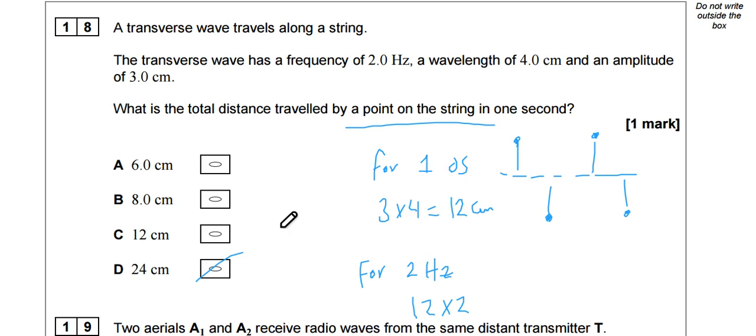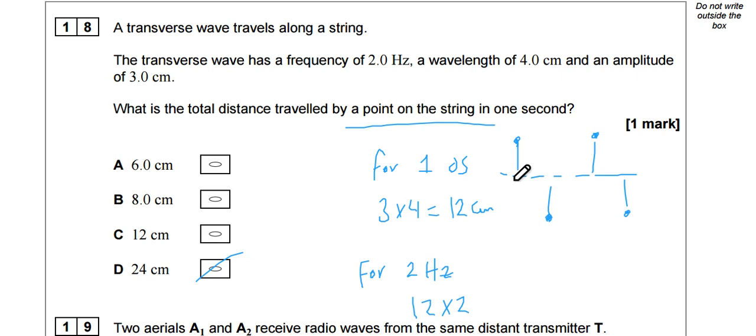Here, the question asks about the distance traveled by a point on the string, which means we will rely on the amplitude value for getting how much distance is traveled by a point in 1 second.